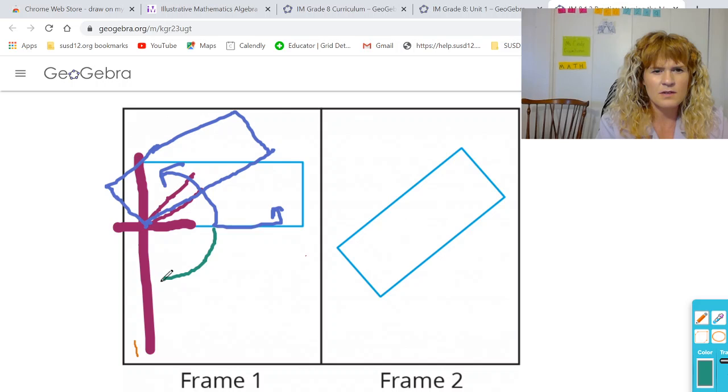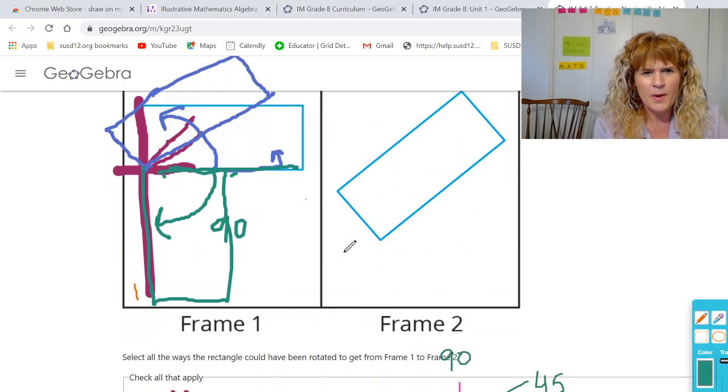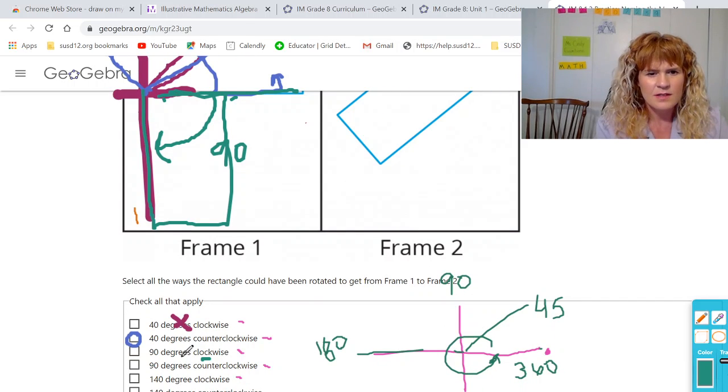So 90 degrees clockwise goes all the way down like that. So this bottom of the shape now is drawn down here, and I'll draw my shape in. Do those look the same? No, it could not have been rotated 90 degrees clockwise to get to this end point. No, it couldn't. So no.